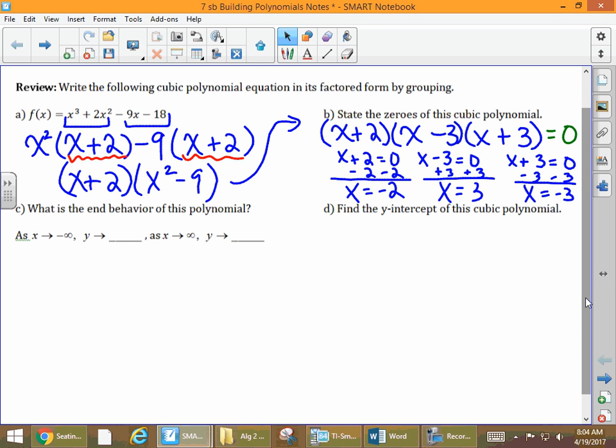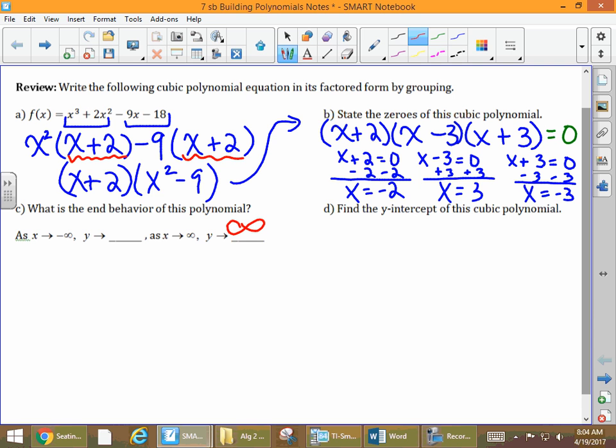Well, in front of the x cubed, there's nothing, so it's a positive. So positive leading coefficient means that this value is going to be a positive here. So the question then is, as x goes to negative infinity, what's happening?